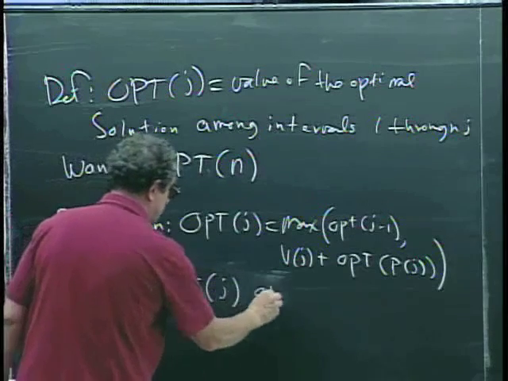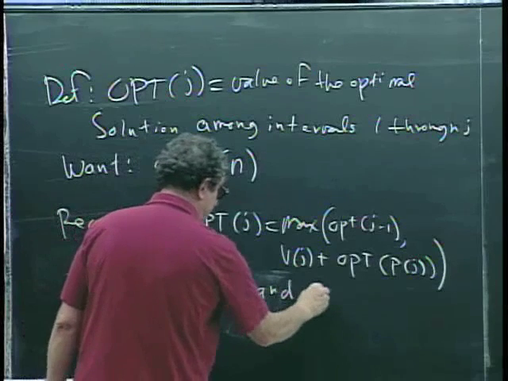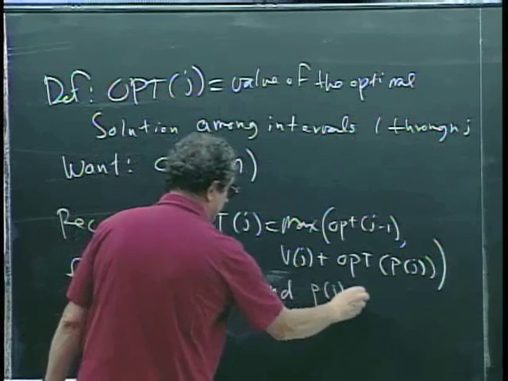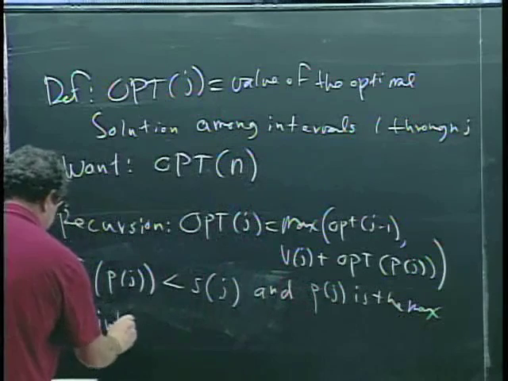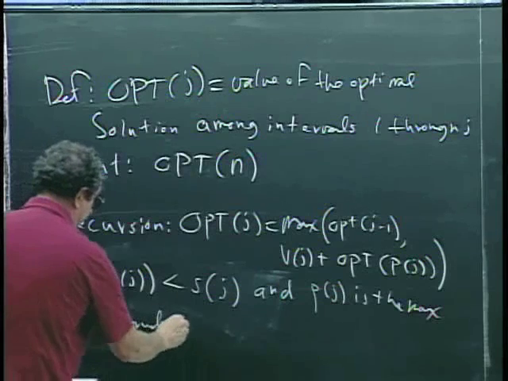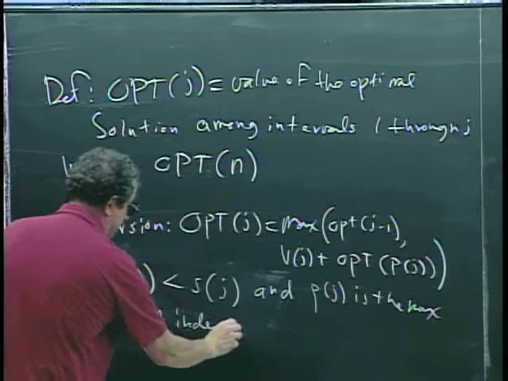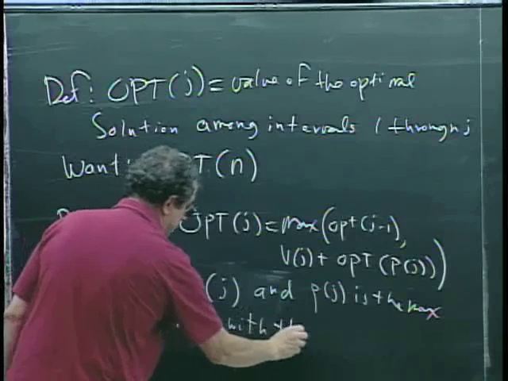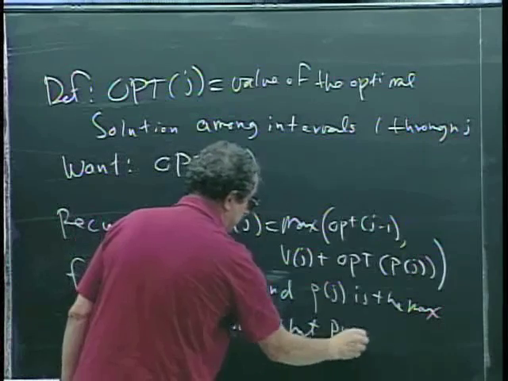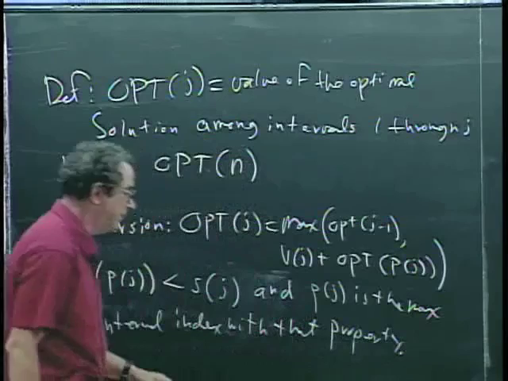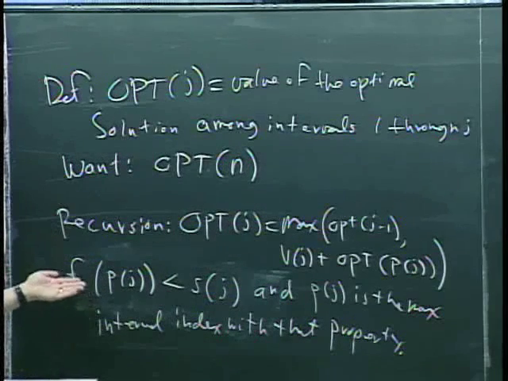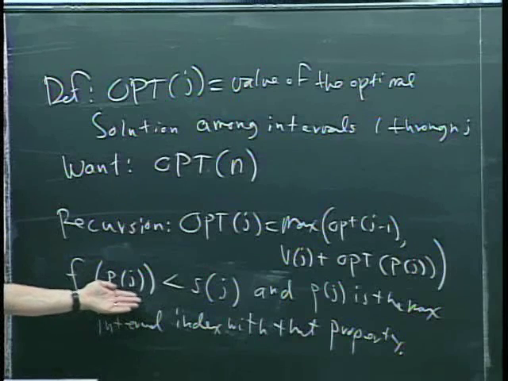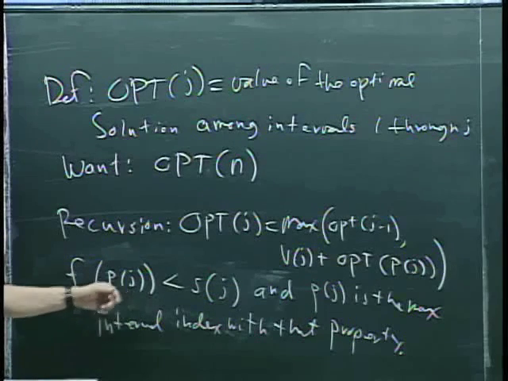And p j is the max interval index with that property. I have a feeling I said this nicer last time in some different way, but this is certainly correct. The finish time of p j is an index to an interval, and you can see here it's indexed on j.